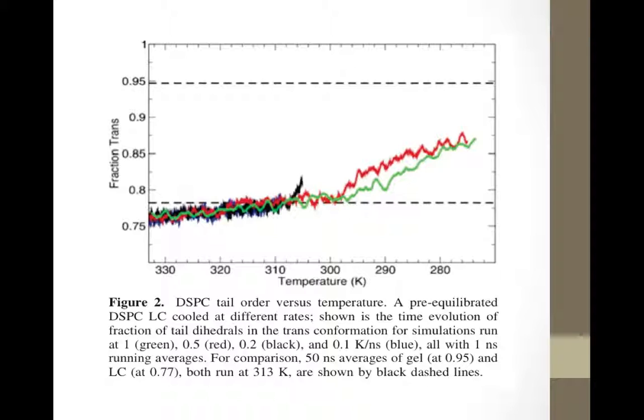The DSPC was cooled from 333 Kelvin, 5 Kelvin above the experimental Tm, at even slower rates: 1.5, 0.2, and 0.1 Kelvin per nanosecond. The fraction of strand dihedrals initially increased slowly with decreasing temperature.